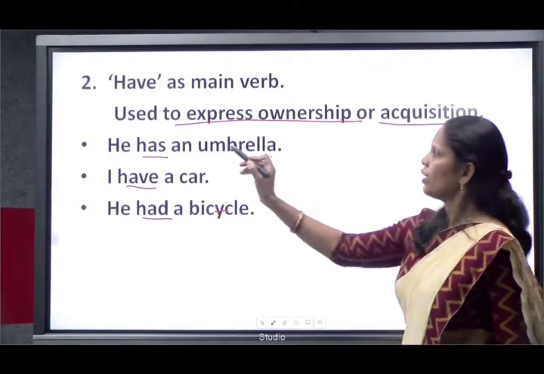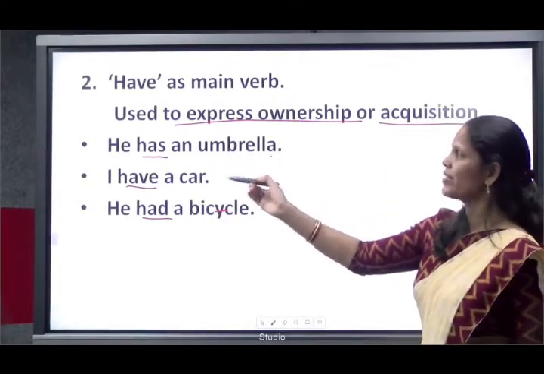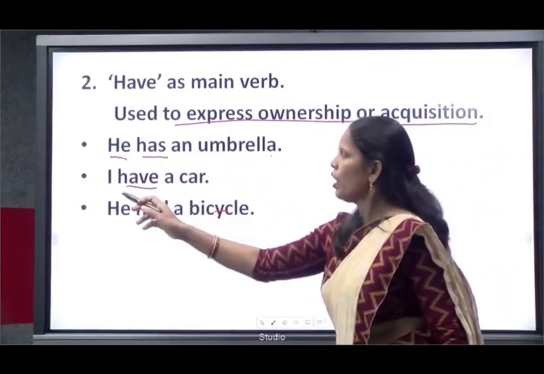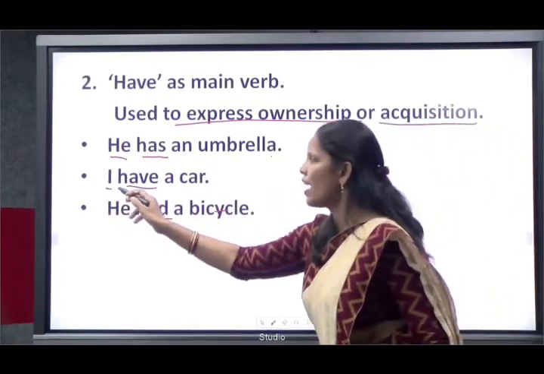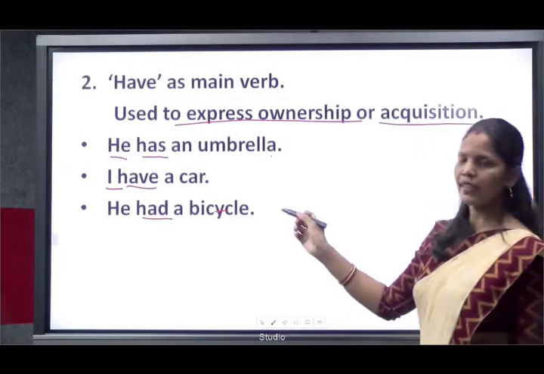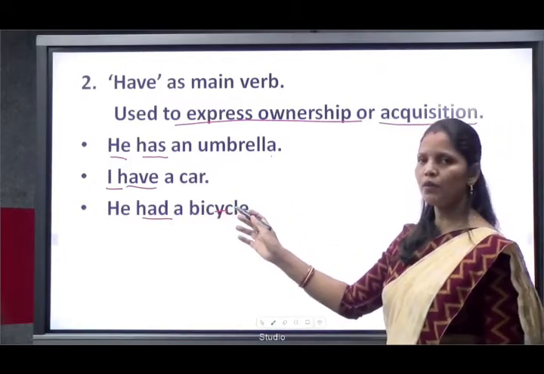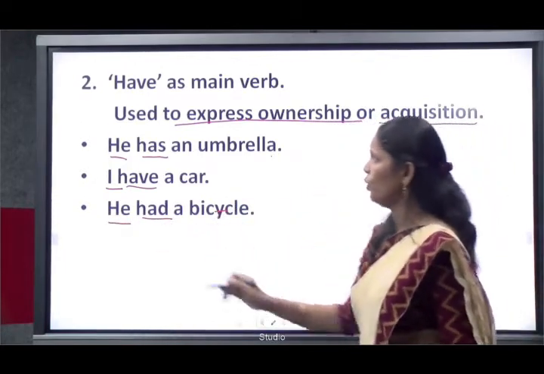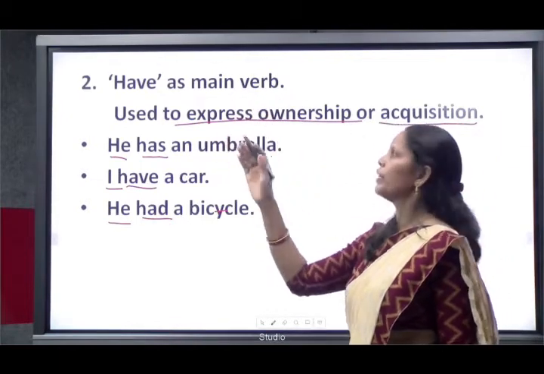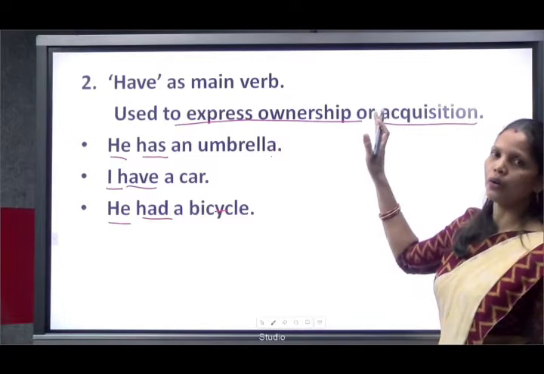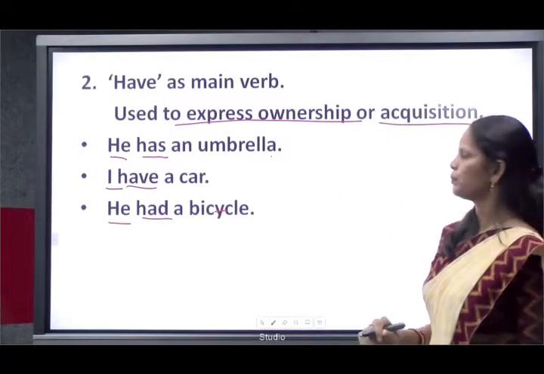That means the owner of the umbrella is, yes, he. I have a car. Who is the owner of the car? Here, I. He had a bicycle. Who is the owner of the bicycle? He. So when the have verb is used as a main verb, it expresses the ownership of the subject.